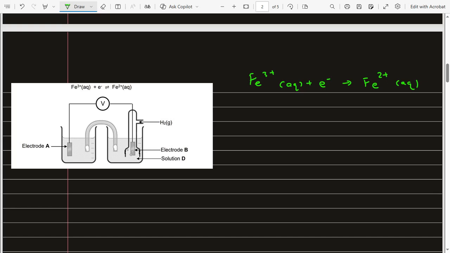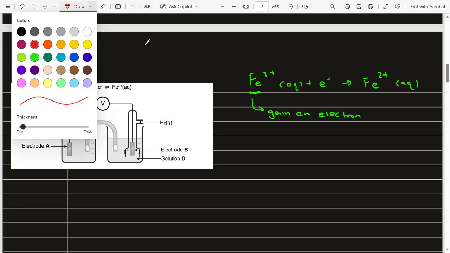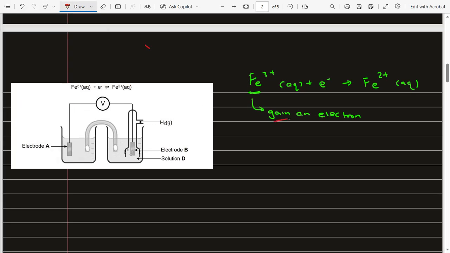So what do you notice from this equation? Can you see that the Fe3+ gains an electron? When we talk about gaining of electrons, what comes into your mind?